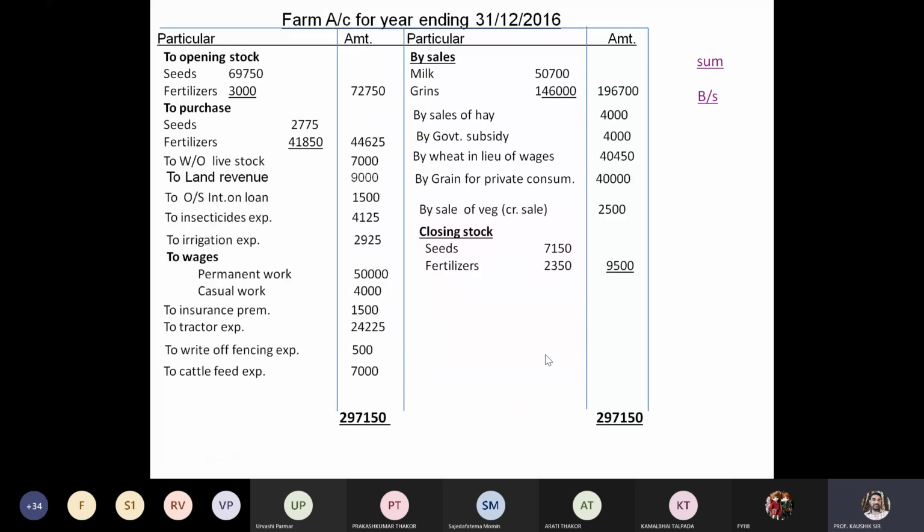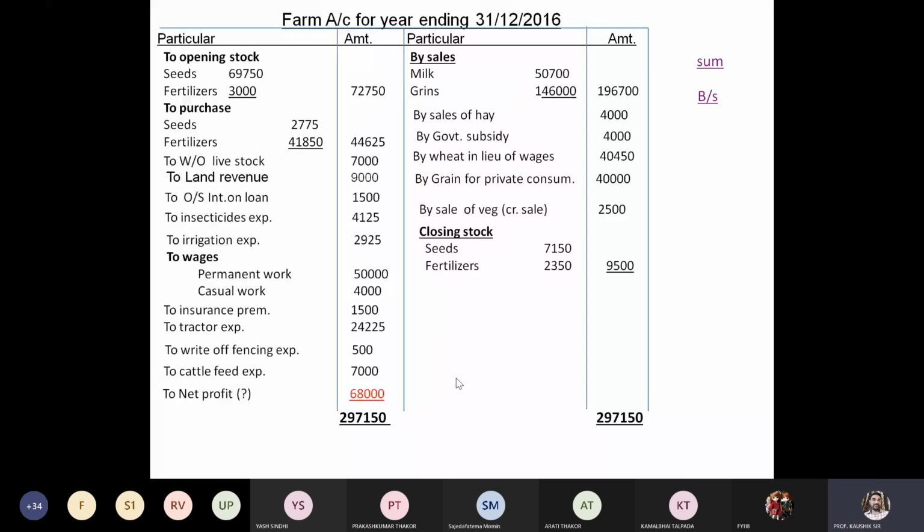Find out the missing amount. 68,000. Okay, good, very good. 68,000 is the missing amount, that is the profit during the year of the farm.